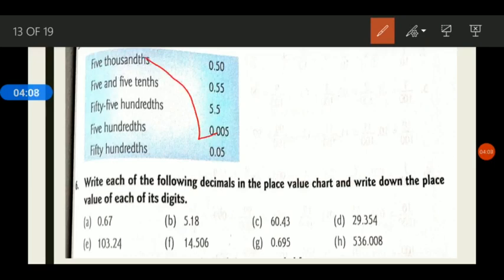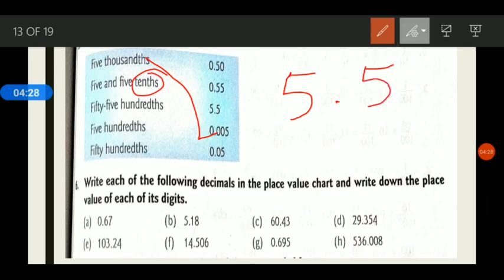Now 5 and 5 tenths. If tenths is given, it means the decimal part will have only 1 digit. So 5 and 5 tenths means 5.5.